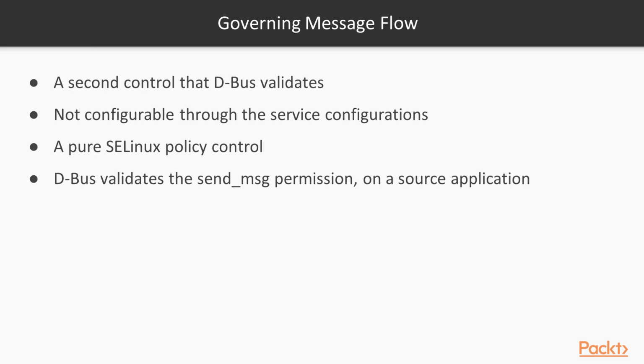A second control that dbus validates is which applications are allowed to communicate with each other. This is not configurable through the service configurations, but is a pure SELinux policy control. Whenever a source application is calling a method of target application, dbus validates the send_message permission between the two domains associated with the source and target applications.